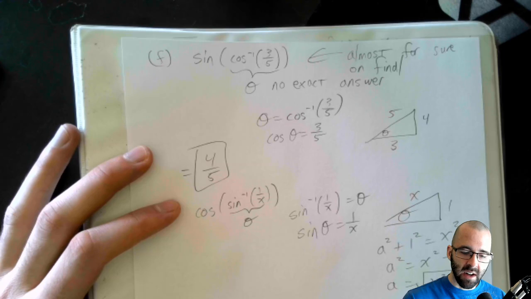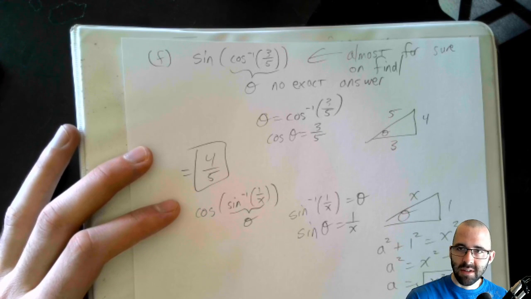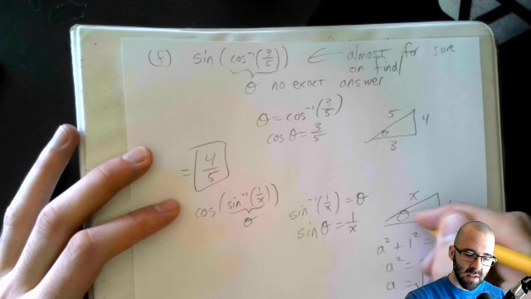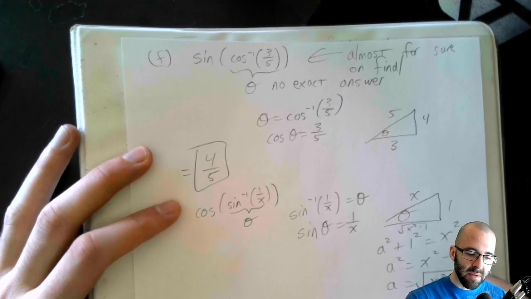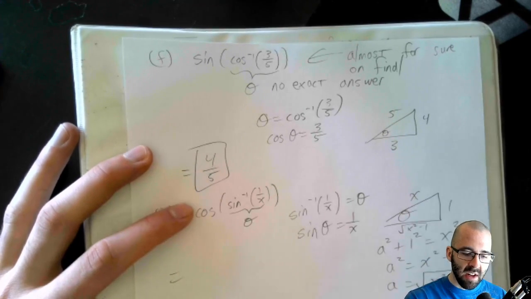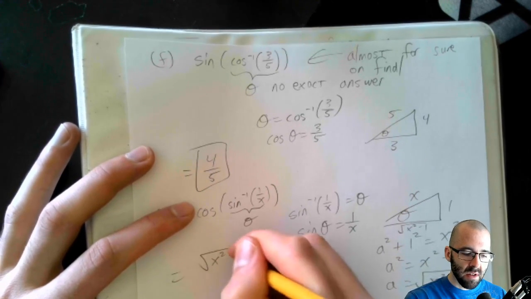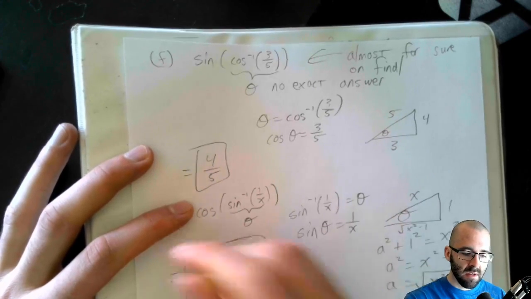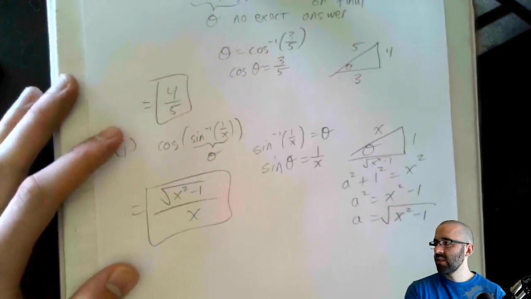So it can look kind of ugly. And remember, you can't simplify square roots. There's addition inside. So this is as simplified as it gets. Square root of x squared minus 1. So the cosine of that angle is the adjacent, which we just found, over the hypotenuse. Like so.